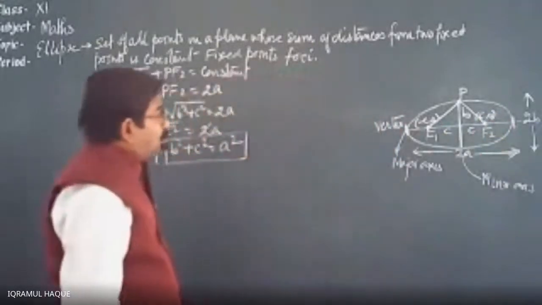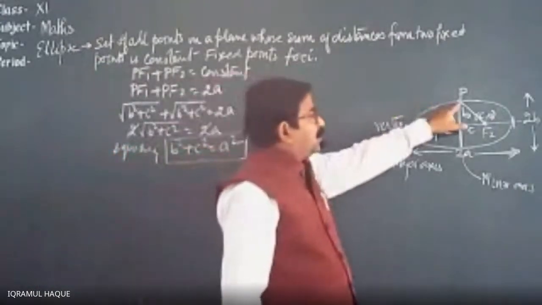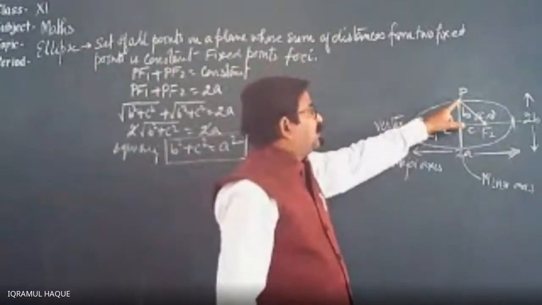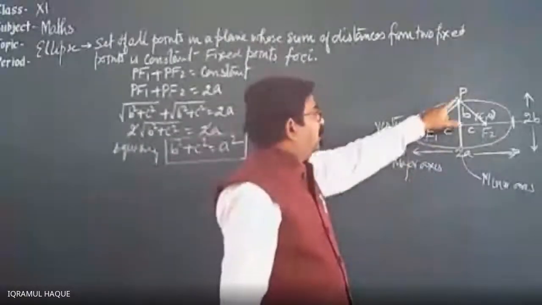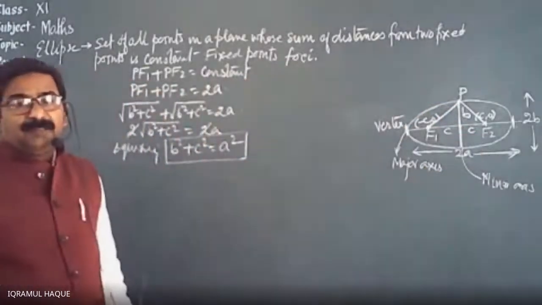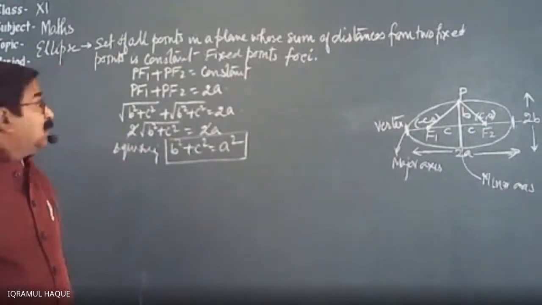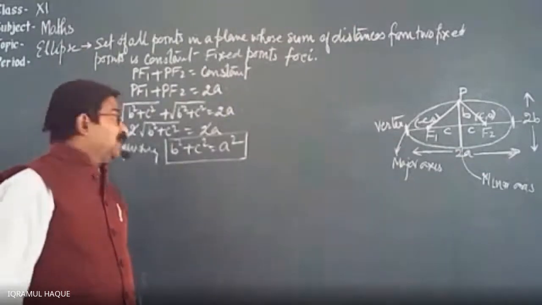Now, according to the definition, the set of all points. So P is a point on the curve. The distance of P from these two fixed points, the foci, PF1 and PF2, is equal to a constant. And this constant is always equal to the length of the major axis, which is 2a. Got it?